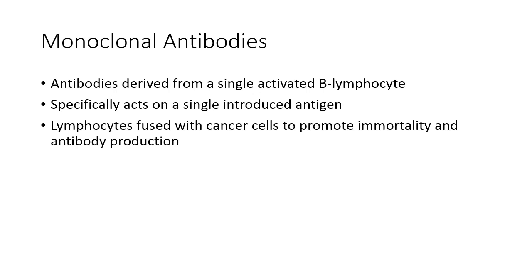They specifically act on a particular introduced antigen, and they are produced by fusing the B lymphocyte with a cancer cell, which is inherently immortal and therefore will confer that immortality to the B lymphocyte, allowing continued antibody production.